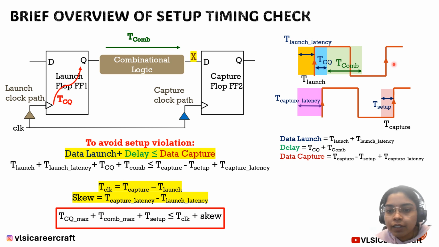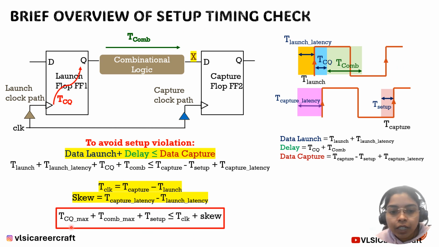When the data is ready at this point or before this point, we are good, and the data is captured correctly. But if the data is not ready at this point, there is a setup violation.